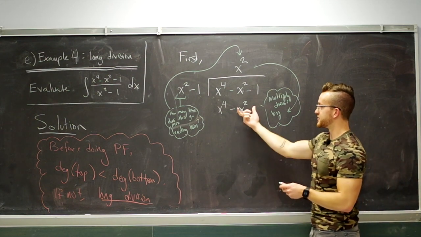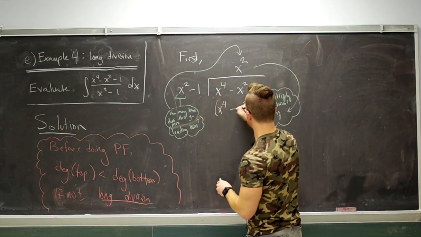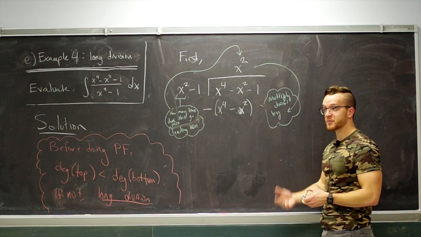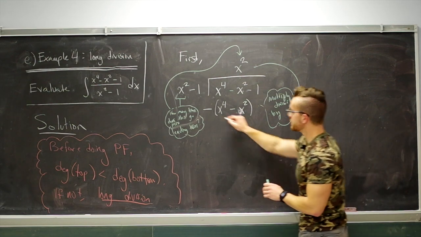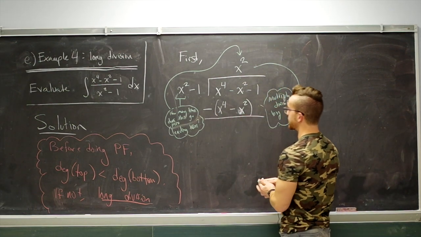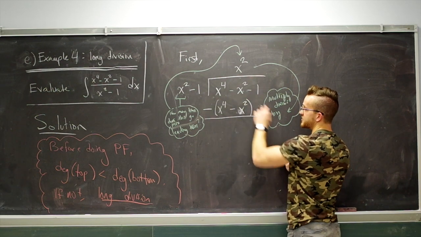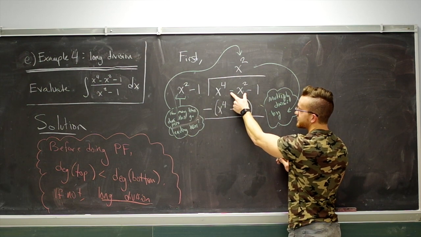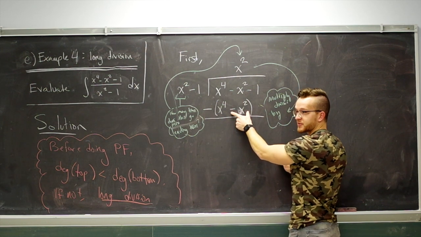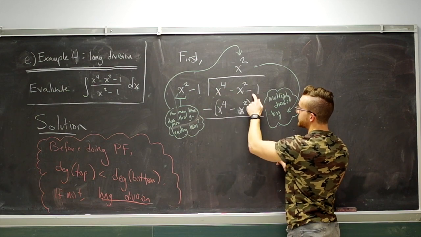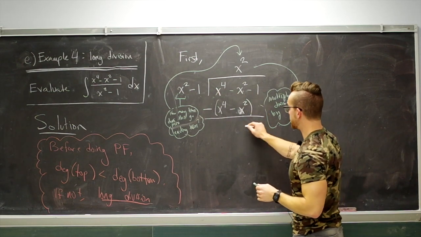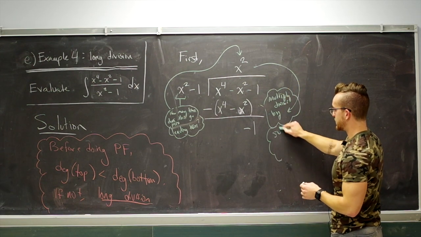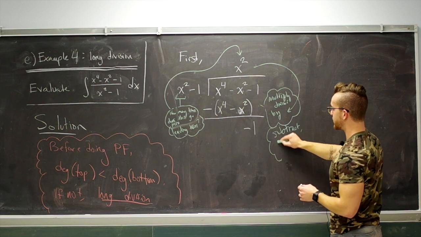The next step is to subtract. That's the algorithm, and then we just repeat until we're done. In this specific case, when we take this polynomial minus this polynomial, x to the fourth minus x to the fourth goes away. Negative x squared minus negative x squared goes away. So these terms kill each other off, and then we're left with a negative 1. So I'll say subtract and then repeat.